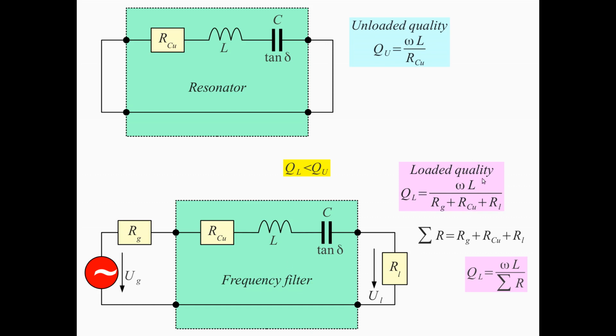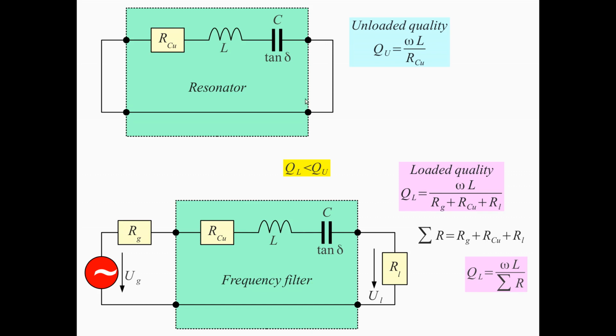This Q is loaded, and this Q actually affects the passband of our filter. On many occasions, just to simplify things, I will say that the sum of the resistors now in our circuit is the generator resistance, the inductor internal loss resistance, and the load resistance. I will just indicate this as a sum of R, and so this is omega L. The Q loaded is omega L divided by all the resistors we have.